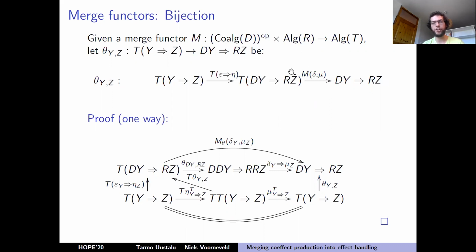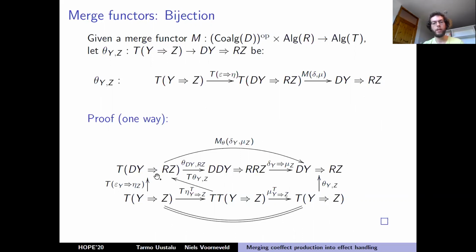This gives us this function here, where the carrier sets are DY and RZ. And then we post-compose this with this co-unit and unit operation. And this gives us back the interaction law. And this actually gives us an inverse of our function before, which can be seen, for instance, by this diagram here.